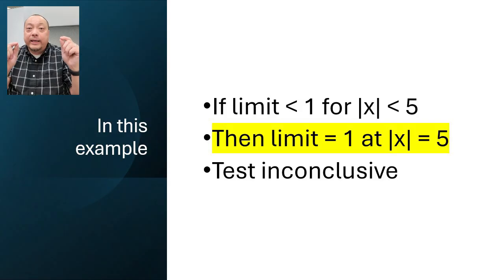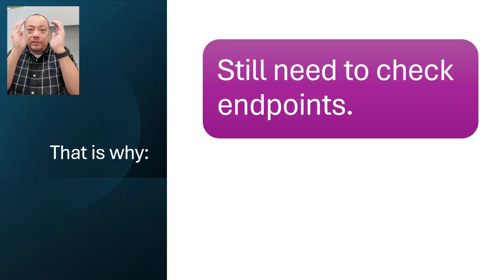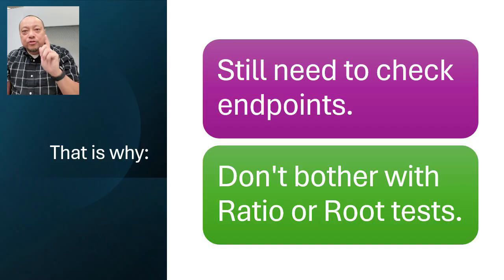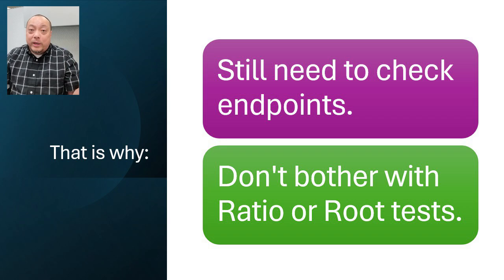And that is why we don't know if the open interval is it yet. It's also why when it comes time to plug in x equals negative 5 and x equals 5, it's pointless to do the ratio or root test, because then you just end up with equal to 1, and that's inconclusive again anyway. So that's why when you do plug in the values, go for another kind of test. Comparison, limit comparison, integral, etc.